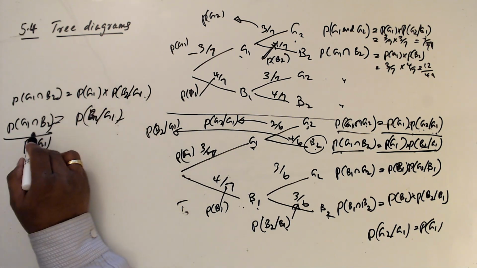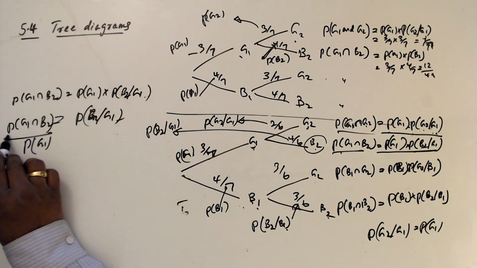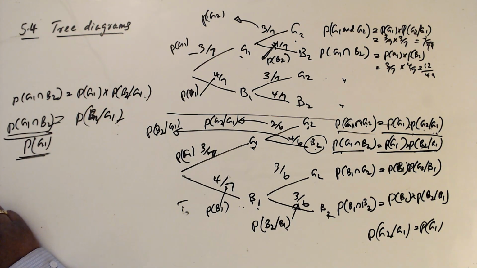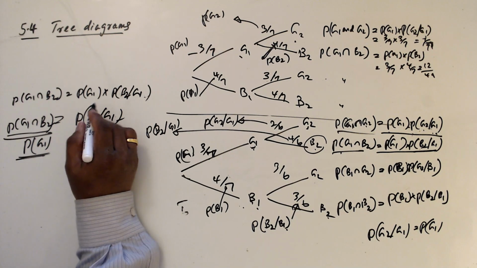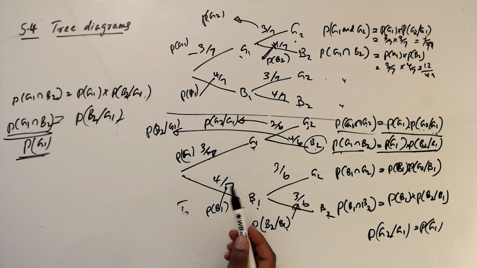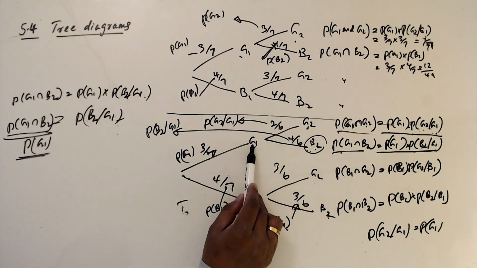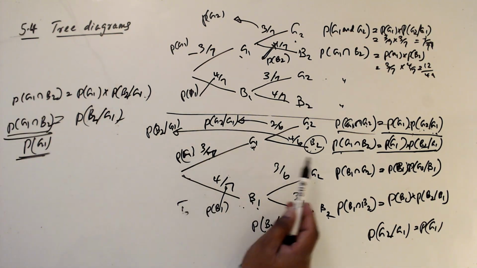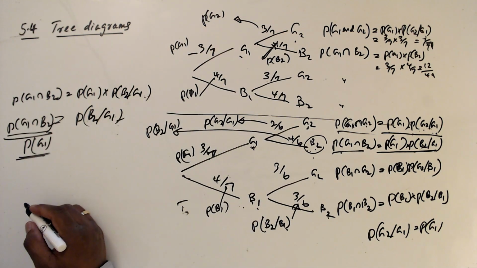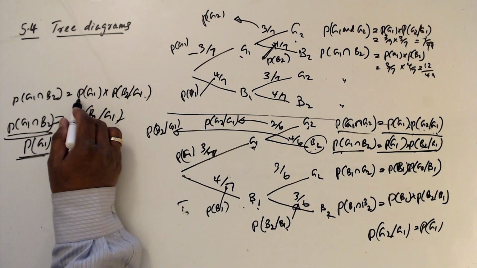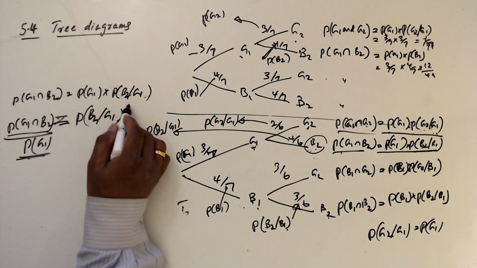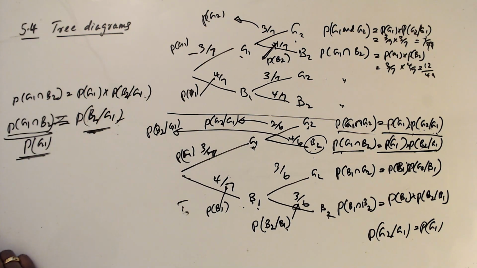So B2 given G1, we can find from the intersection and P(G1). So this is a conditional probability: B2 is conditioned on G1, so B2 is influenced by G1 in this case. I just divide by P(G1) on both sides, to make this one the subject.